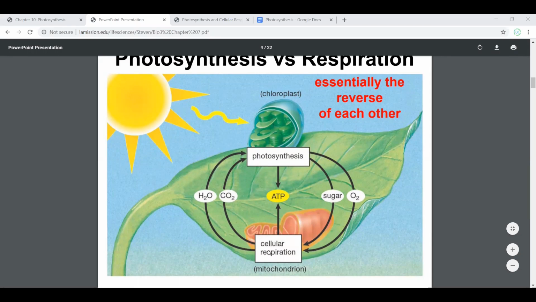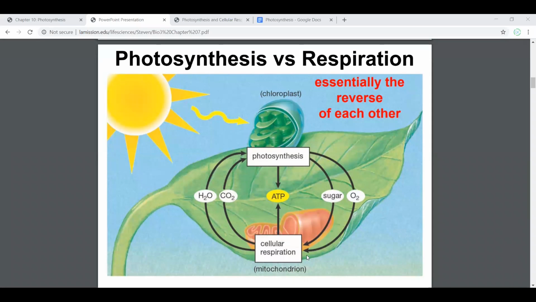So that's why we say carbon dioxide and oxygen are recycled in the atmosphere, because plants will take in the carbon dioxide and animals will take in oxygen, and they will release the opposite as products. So they are pretty much the exact reverse of each other.